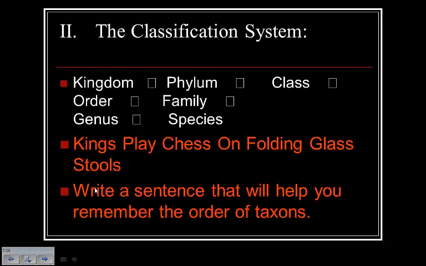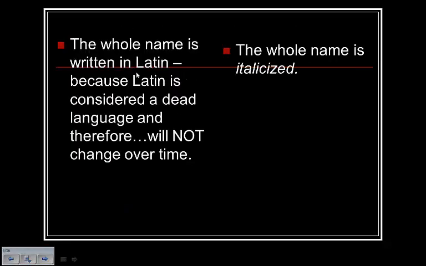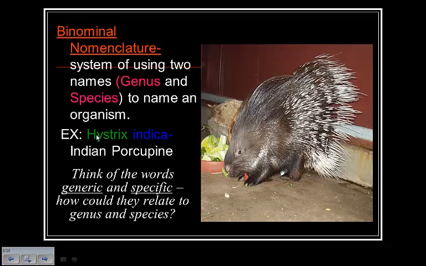The whole name is written in Latin, because Latin is considered a dead language and therefore is not going to change over time. That's why we use Latin, because it's not going to change and everyone in the scientific community is going to use it. The whole name is italicized. So you'll see back here, this Hystrix indica needs to be italicized. It should look like this.